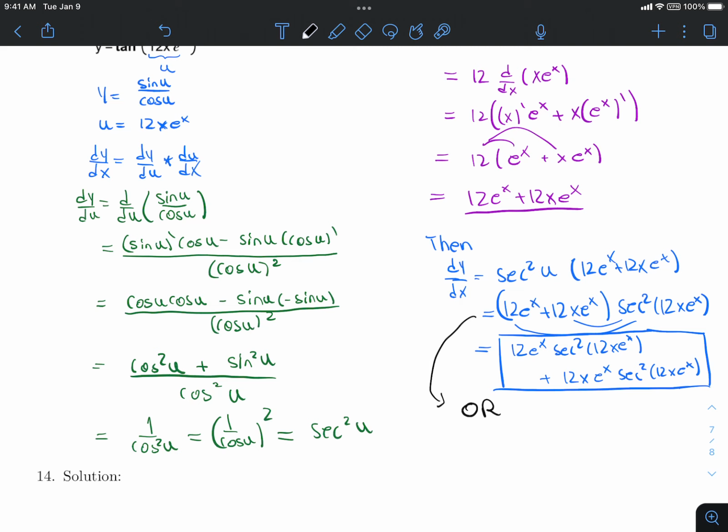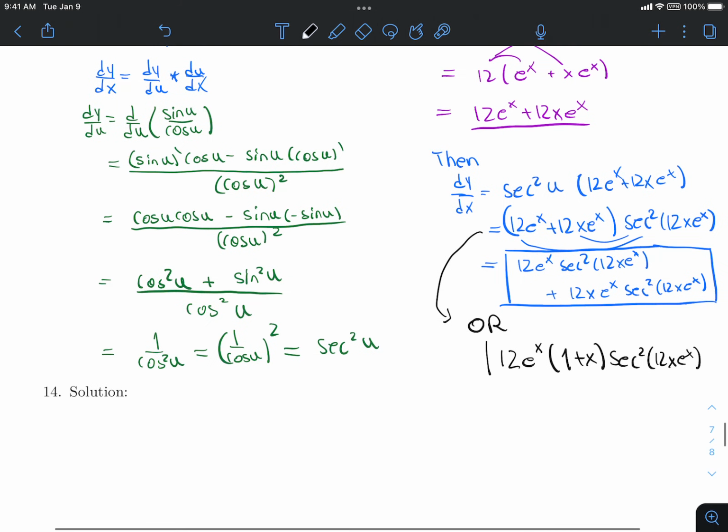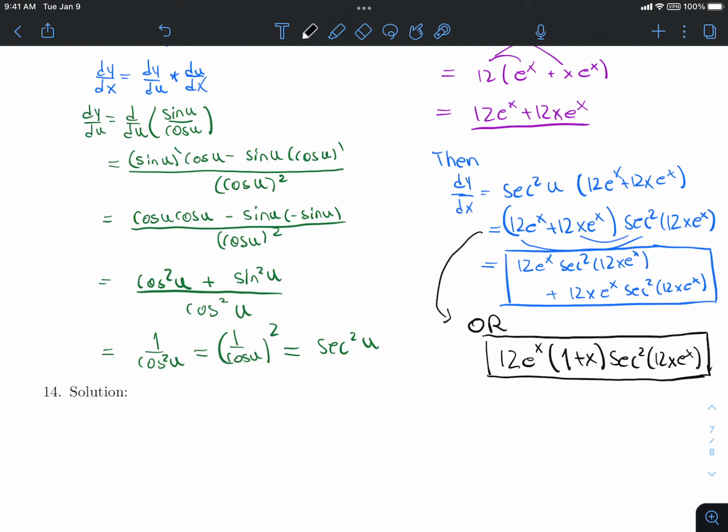So they can factor out a 12 e to the x to get something like 12 e to the x times 1, because that's what you get from here, and then an x, which is the only other thing left from here, and then times the secant squared of 12x e to the x. I'm happy with either answer, but make sure that you're able to produce both, just in case anyone requires you to use this other format.